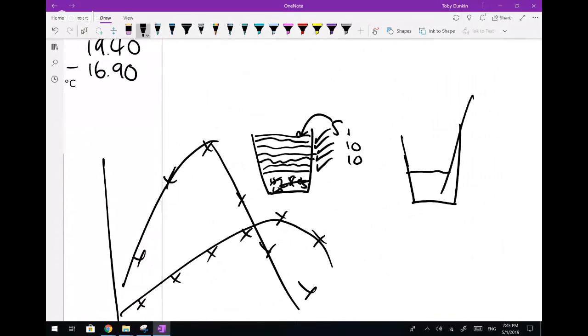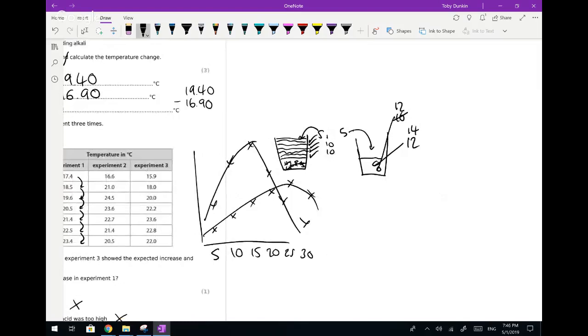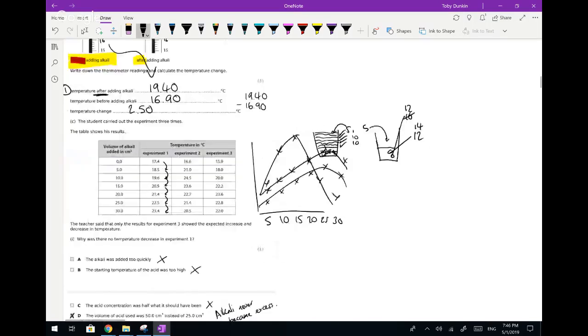If you measure the temperature of the acid as 10 degrees, and then we add 5 to this, and we see it go up to 12, well, if I'd started at 12, if I did another one, and I had the thermometer originally reading 12, it would just go up to 14. It doesn't make any difference. So all the graph I would get is this. I would get exactly the same graph, just shifted up.